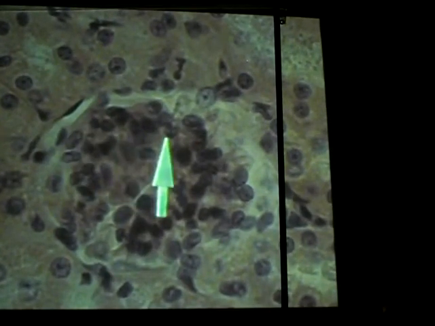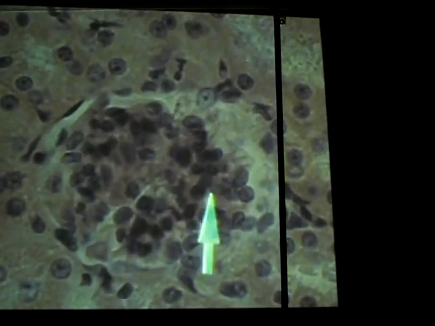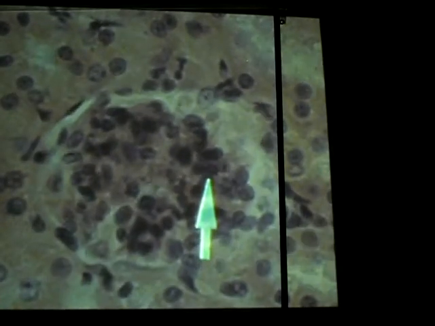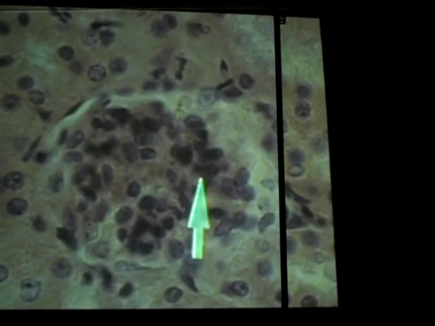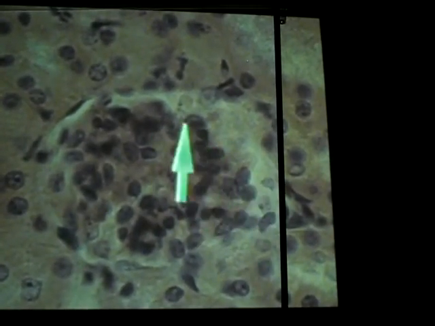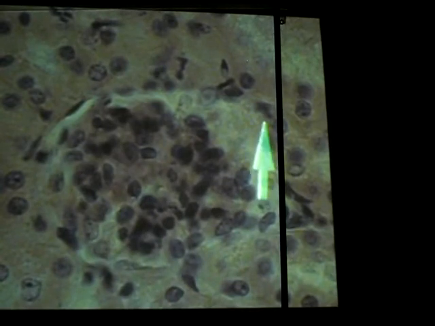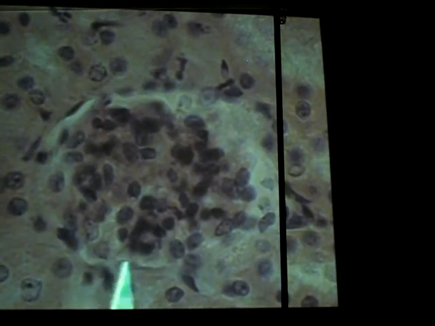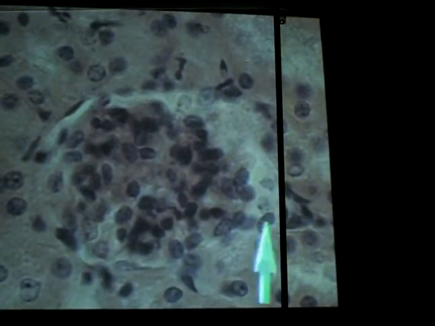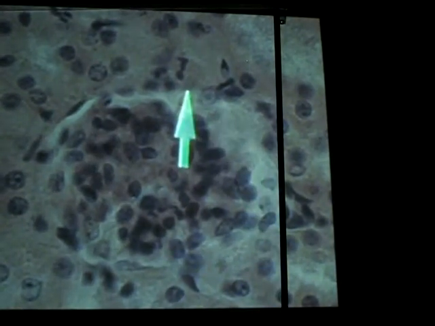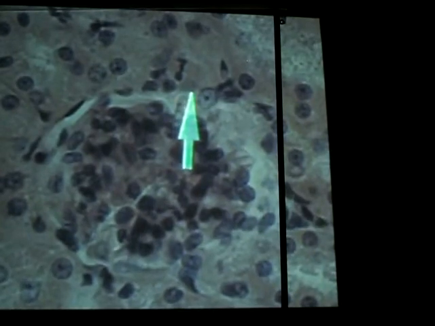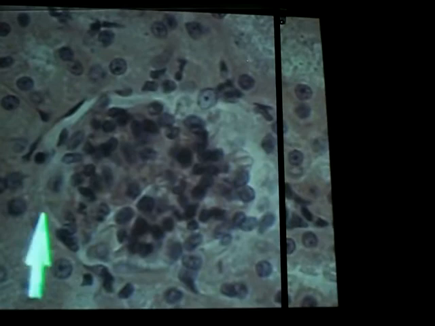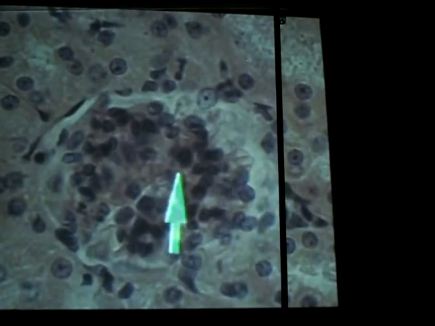They're all twisted and folded on each other, so you're not going to see individual capillaries like we're used to seeing. You're just going to see this bunch of cells sitting there. That makes up your glomerulus. This outer membrane, which has a simple squamous epithelium, is your Bowman's capsule, or your glomerular capsule. Your corpuscle is made up of the capsule along with the glomerulus, so this entire structure is your renal corpuscle.